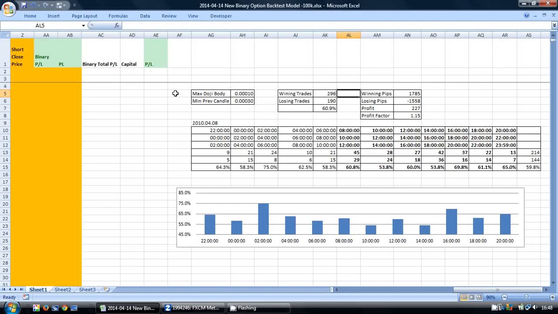We could also look at the colour of the body. Most of these dojis don't end on exactly the same number of pips, so maybe we could have a green or a red doji would be more or less profitable. We can easily test to find out. We haven't looked at wicks, whether or not we have a wick in the direction of the trade, or in fact the previous direction, whether or not this could affect the strategy's profitability.